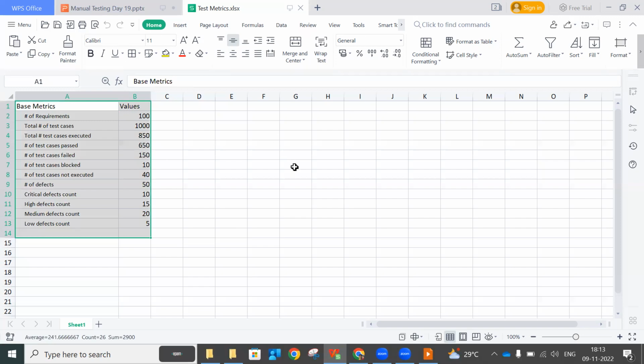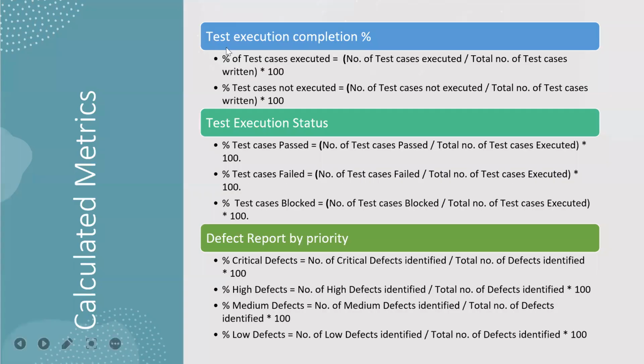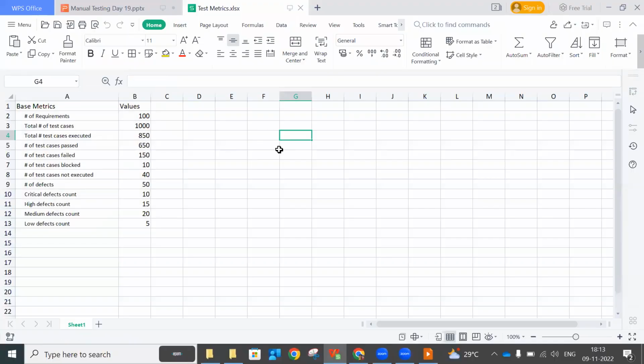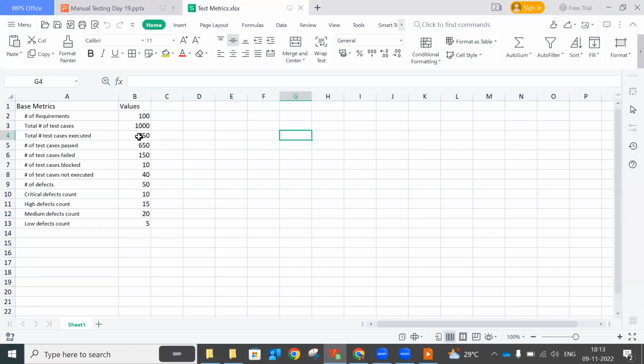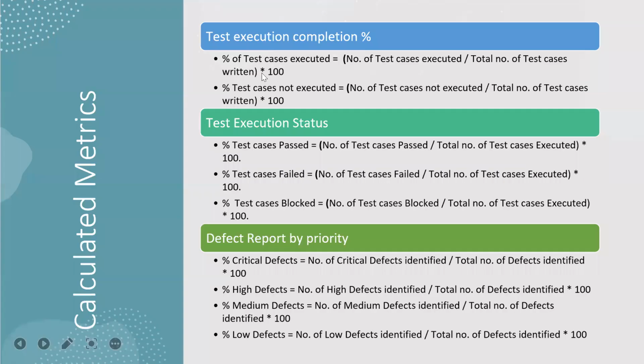Based on this, they will start preparing the test execution completion. So how is the percentage of test cases executed calculated? It is the number of test cases executed by the total number of test cases. So here I will get 850 divided by 1000 into 100 as my percentage of test cases executed.